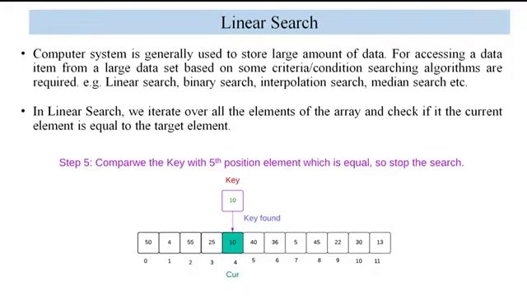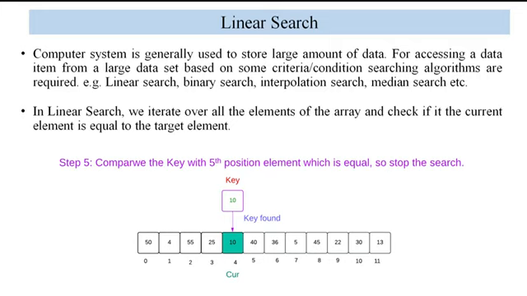The advantage of linear search is that the elements can be in random order, meaning the list from which the searching is to be performed is arranged randomly. We start from the first location and move till the last location until we find the element, or we do not find it if it is not present.